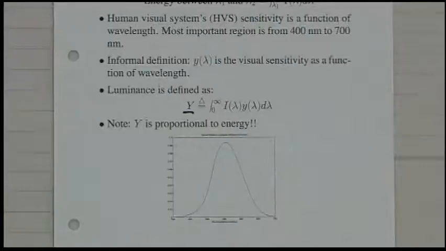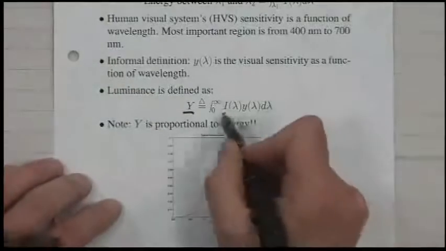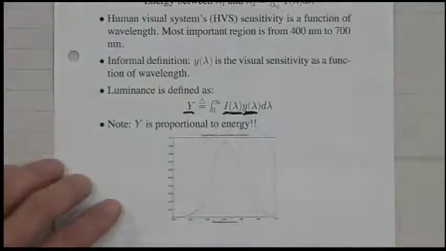Anyway, we all have this concept of black and white. You just take the color out. How do you do that? It's actually a very good question. It's not clear, but nonetheless it seems reasonable. You can take this I, the light field, and multiply it by some y of lambda, which is the weighting. You're more sensitive in the center of the wavelengths, and as you get towards the edges, your sensitivity drops.